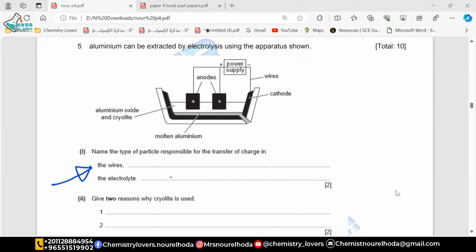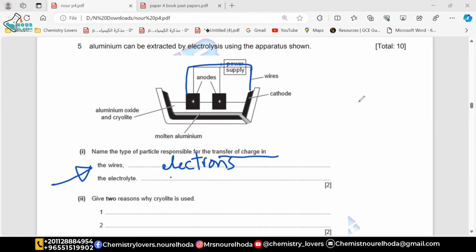This question is very common for Cambridge and Edexcel. They will ask you what type of particle is responsible for transferring the charge, meaning why does electricity pass in the wires? We said before that electricity passes in the wires because of the free moving electrons. In the wires it's a metal like magnesium, copper, aluminium, whatever.